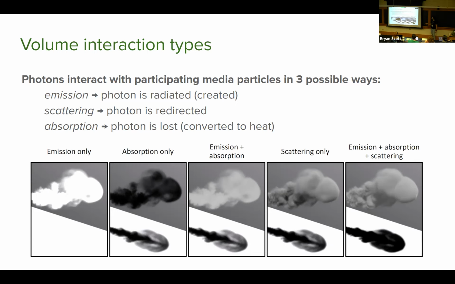This is scattering, only redirection. In this case, light comes from the top and is redirected by a multiple scattering process inside the cloud or smoke, so there is also shadow. But if you combine all of them, you get something that looks pretty decent, like smoke. It casts a shadow, and it has illumination or shading features on the surface, so you can actually see the shape of it.